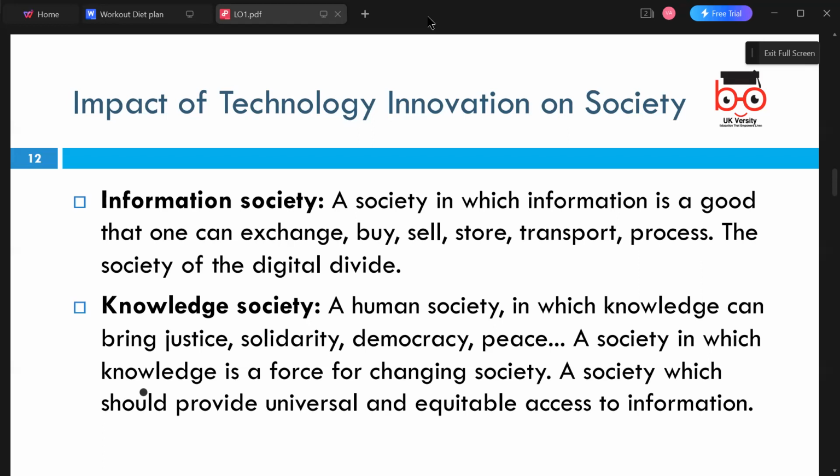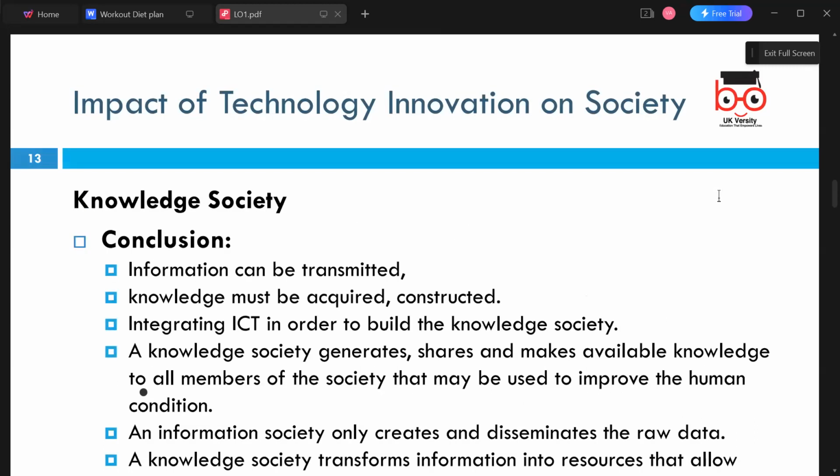Knowledge society, on the other hand, is a human society in which knowledge can bring justice, solidarity, democracy, and peace. So as we can see, it is a society in which knowledge is a force for change. It can be used as a tool, as a weapon, a tool which allows us to improve our society.